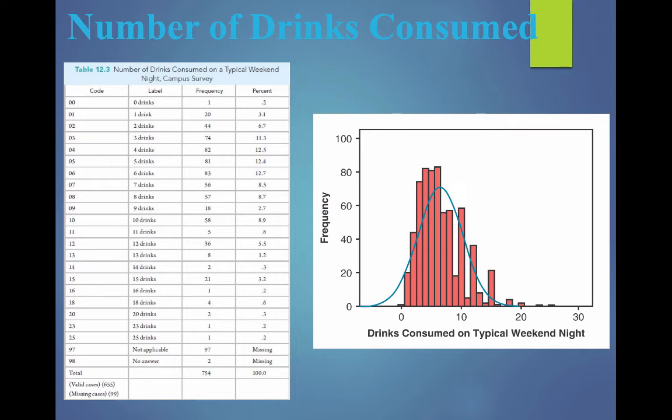So that means there's a smaller standard deviation when it comes to people's responses about how much they drank. You see a couple outliers there, almost all the way to 20, which is crazy. You've got one person saying 25 drinks is how many they had on a typical weekend night, and you're like, dang.